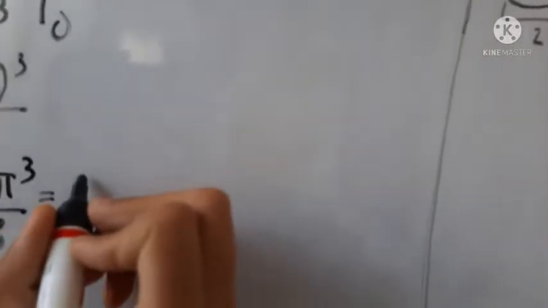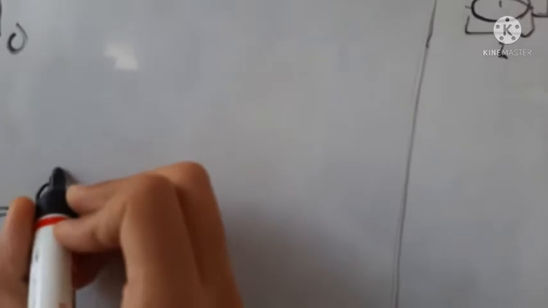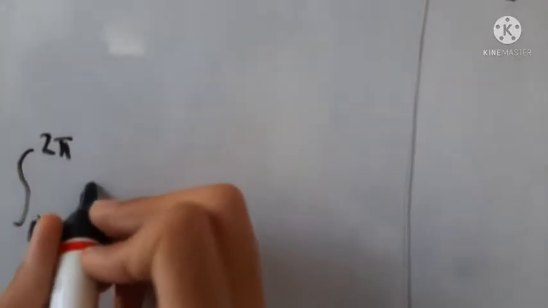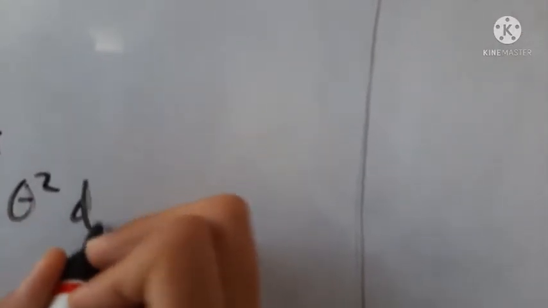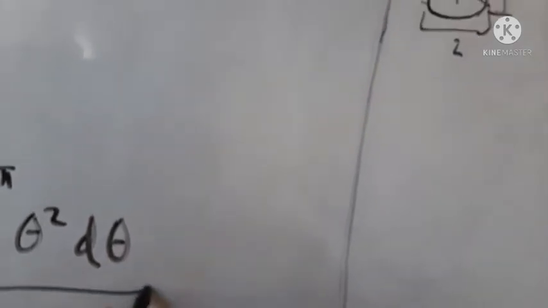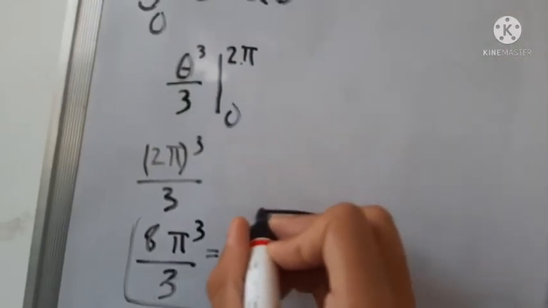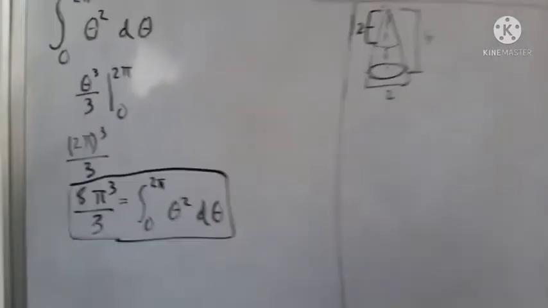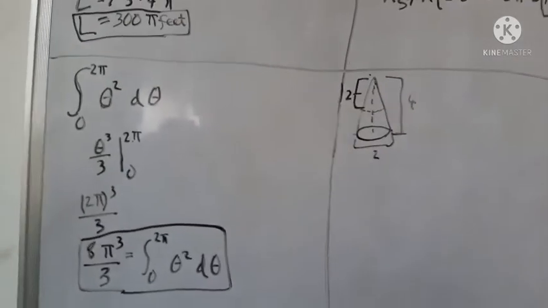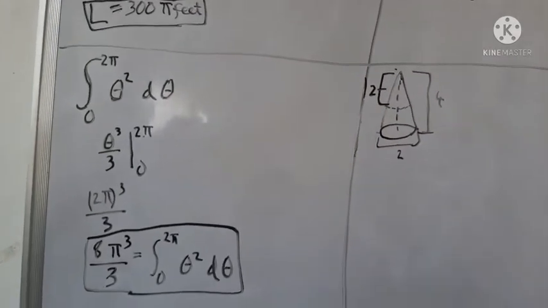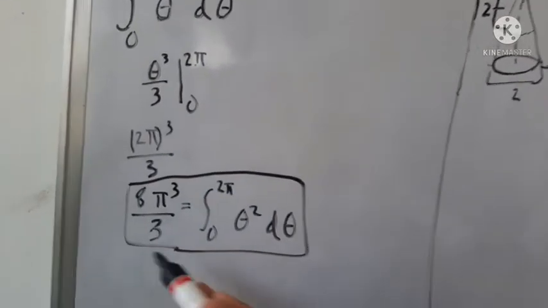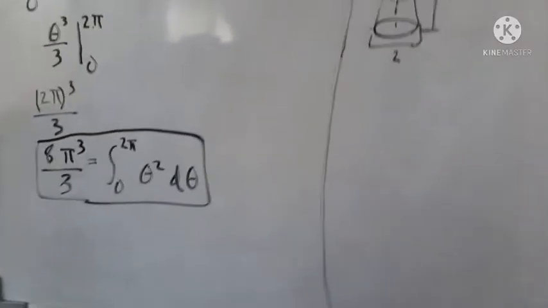This is right: the integral from 0 to 2 pi of theta squared d theta. Okay, that's framed up, and that's our main answer, right? Good enough.